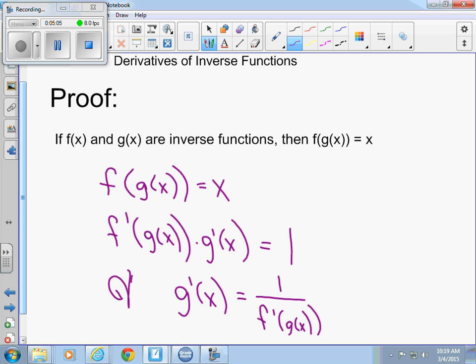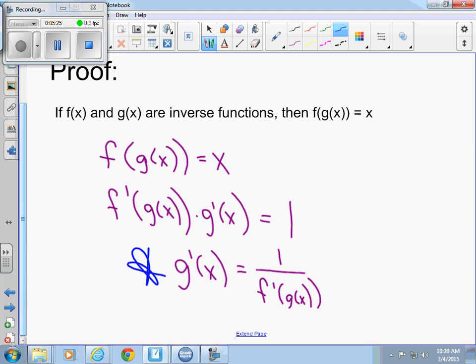This is a formula that you should probably memorize. The derivative of the inverse is 1 over the derivative of f at g of x. Now, someone remind me, what does g of x represent?